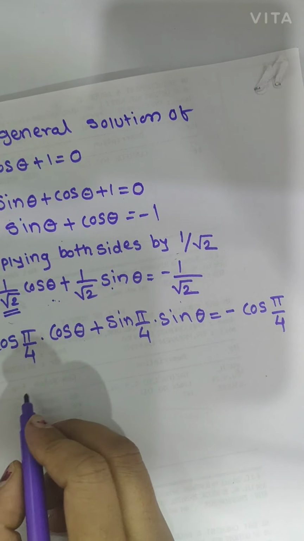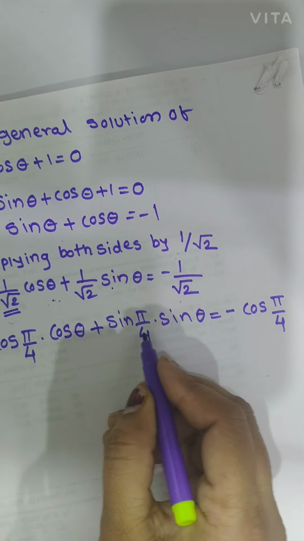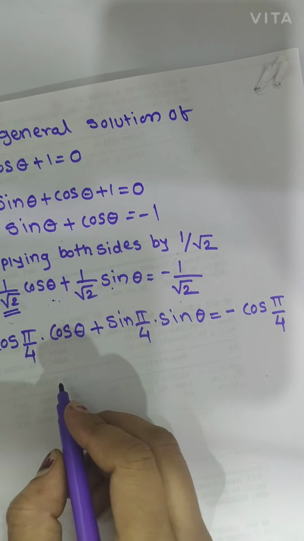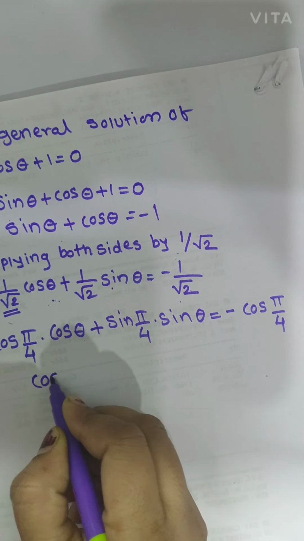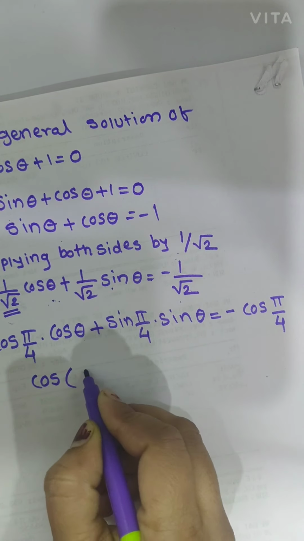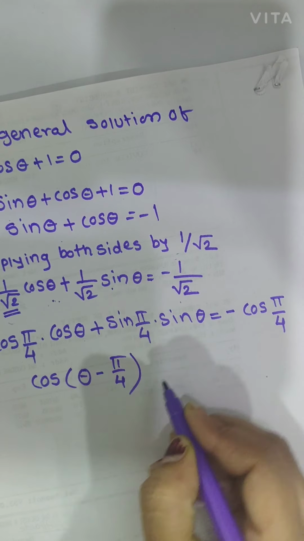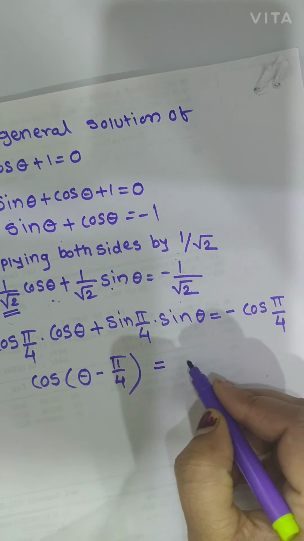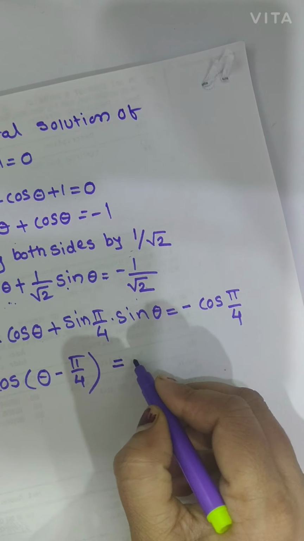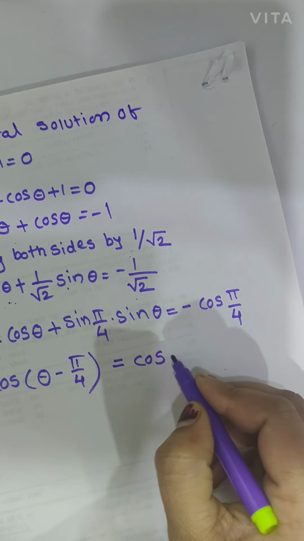Okay, now next, if I have this type of condition, then according to cos a minus b, I will write this, which is equal to, now see here we can use one formula for allied angles.